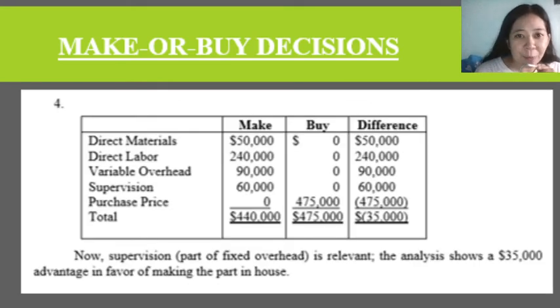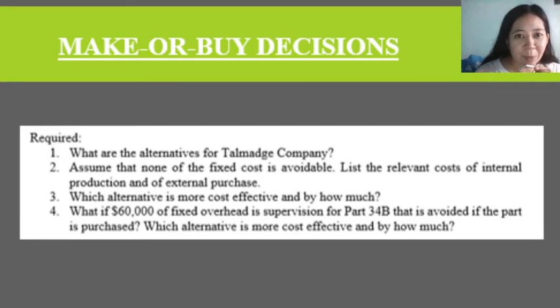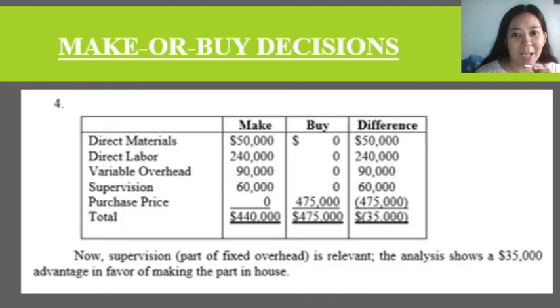Let us review the question for number 4. What if 60,000 of fixed overhead is supervision for the part that is avoided if it is purchased? So what happened now for number 4?